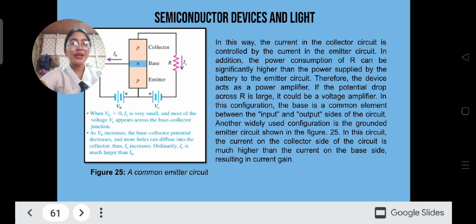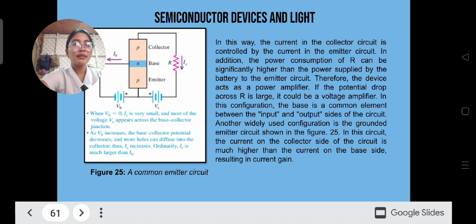So we have here in figure 25 a common emitter circuit. The current in the collector circuit is controlled by the current in the emitter circuit. In addition, the power dissipated in R can be significantly higher than the power supplied by the battery to the emitter circuit.